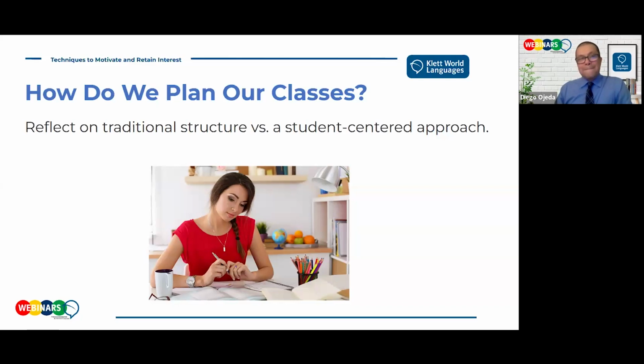Student-centered approach means that in order to plan my class for tomorrow, I'm going to think about my class today, how things went today in the classroom, how the kids reacted to the lesson that I gave today, what they liked, what they connected with, then do more. Do more. Oh, but we don't have time.